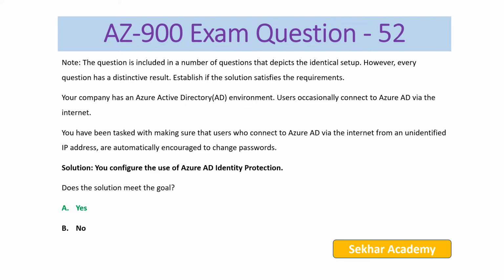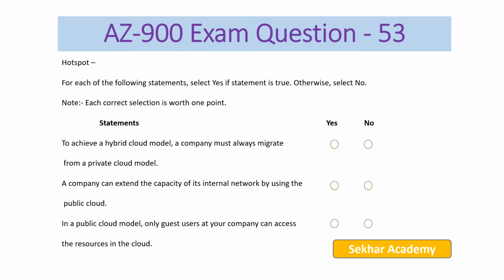Azure Identity Protection detects the risks of many types, including anonymous IP address use, atypical travel, malware linked IP addresses, unfamiliar sign-in properties, leaked credentials, and password spraying. So the right answer is option A, yes.